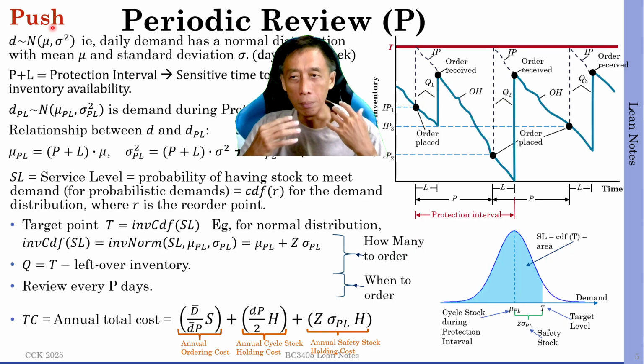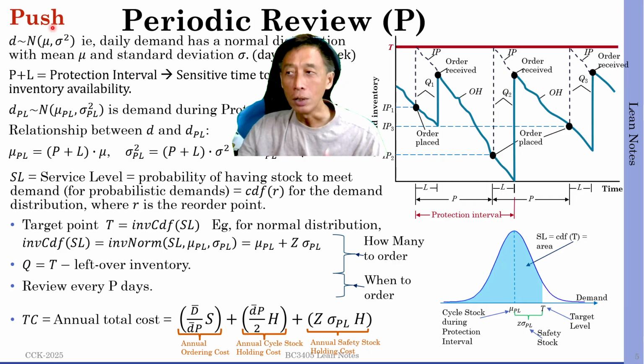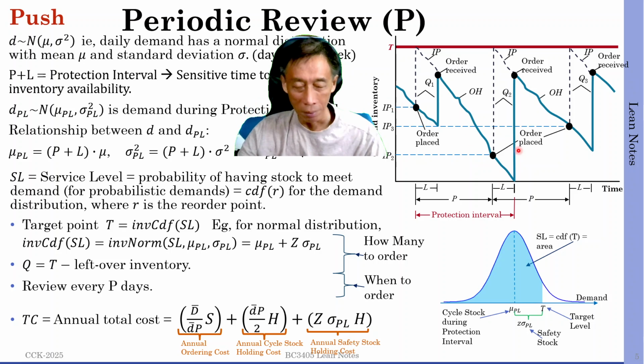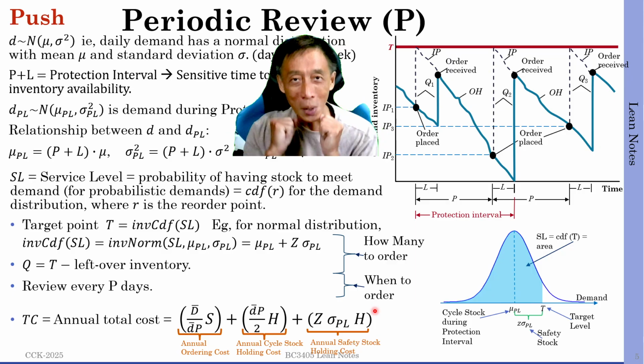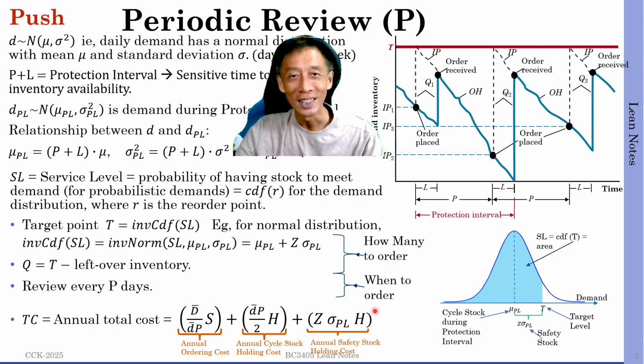So we plan, therefore, based on our review period, our chosen supplier's lead time, service level, everything, right? So we calculate how many to order, when to order, and total costs in order to achieve this target of annually pushing the 5,000 tires to our customers.